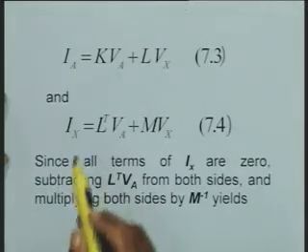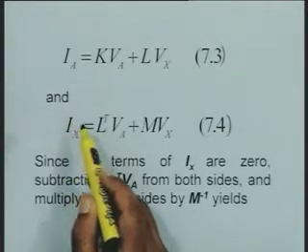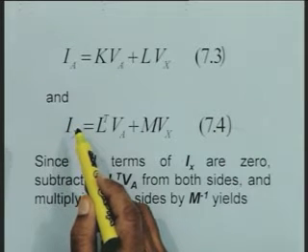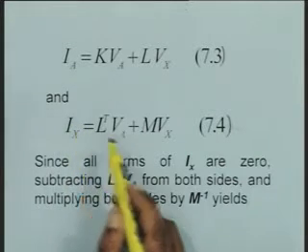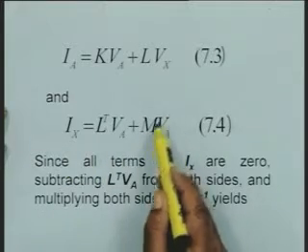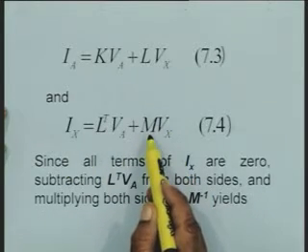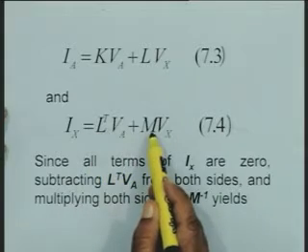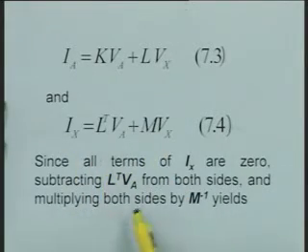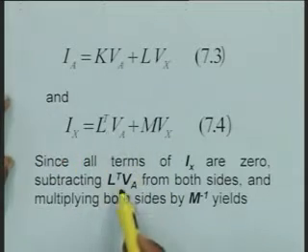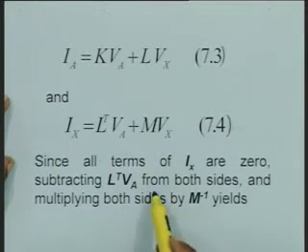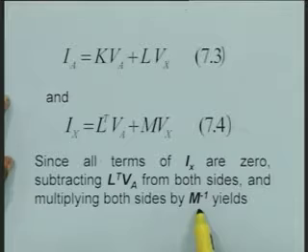Now, in case this Ix is a null vector, in the sense that all elements are 0, we can write down Vx in terms of Va and other elements of this equation. What we do is subtract L transpose Va from both sides of the equation, Ix is anyway 0, and multiply by M inverse.